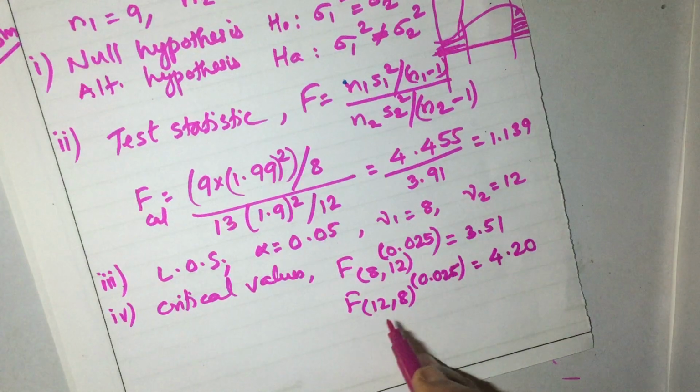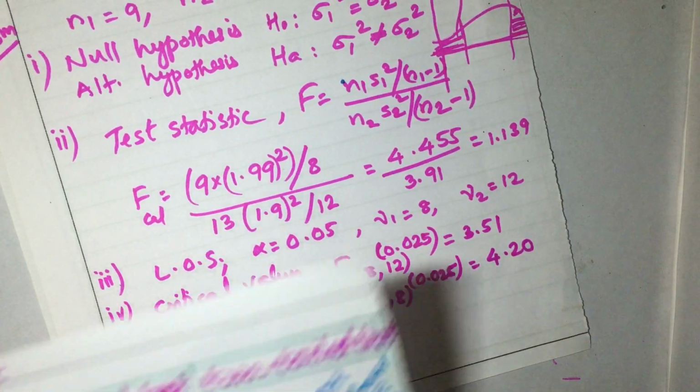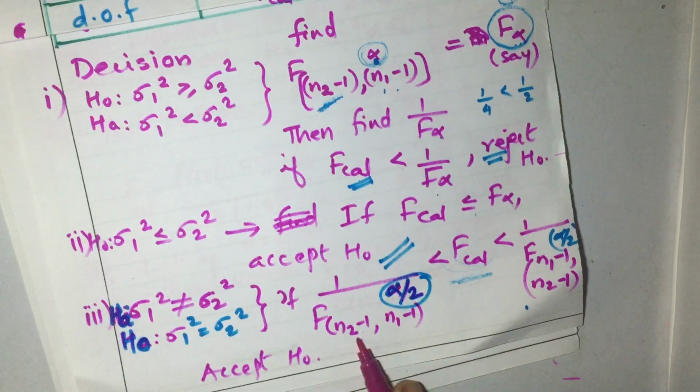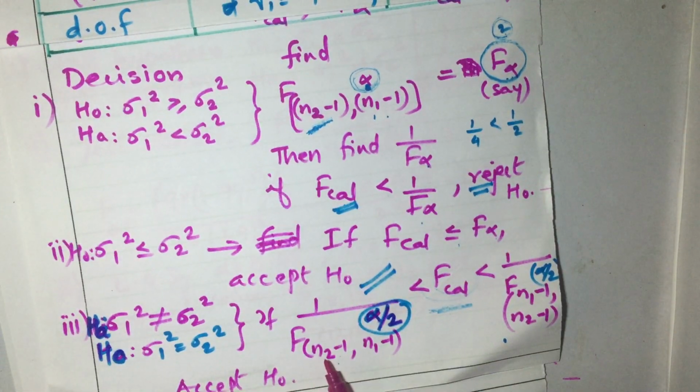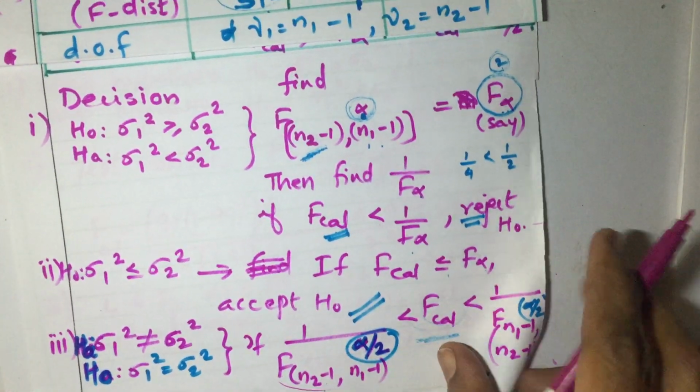As in the previous lecture we have seen, after finding out this one, F of n2 minus 1, n1 minus 1, for us 13 minus 1, that means F12,8, whatever the value of this one, you need to take the reciprocal of that.